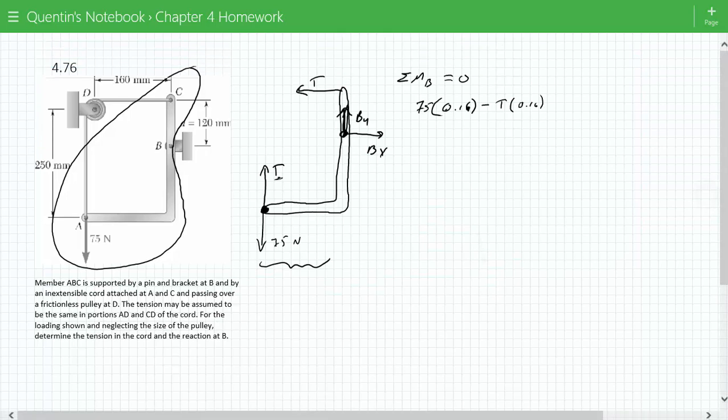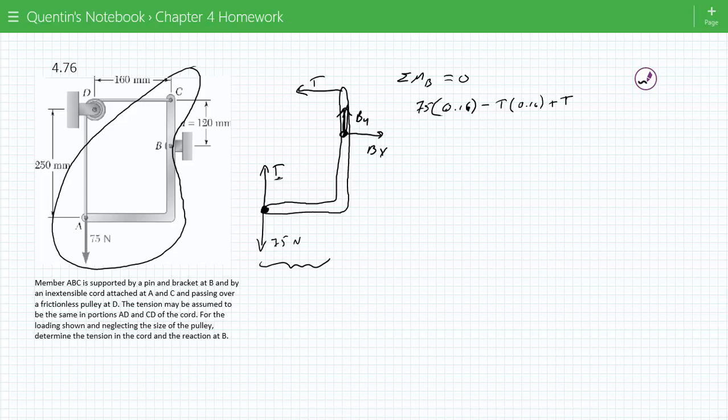And it's going to be plus T, this T up here, times this distance from there to there, which is 0.12, equals 0, right? So we're going to pull that to the other side, and therefore T times (0.16 minus 0.12) is equal to 75 times 0.16. So that gives you that T is equal to 300.